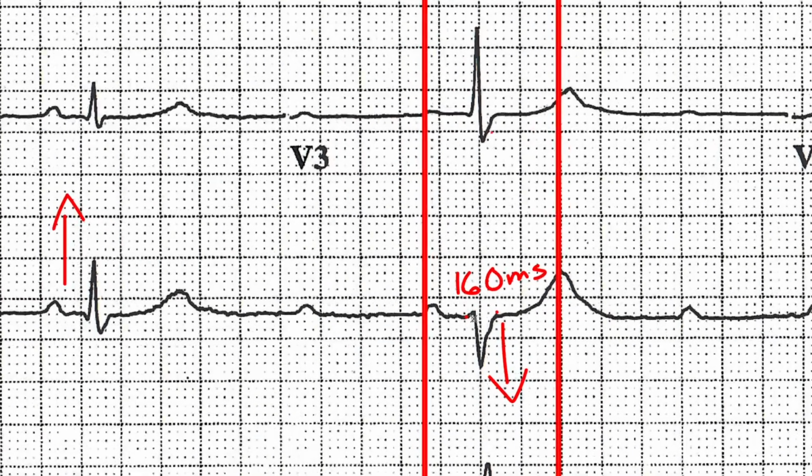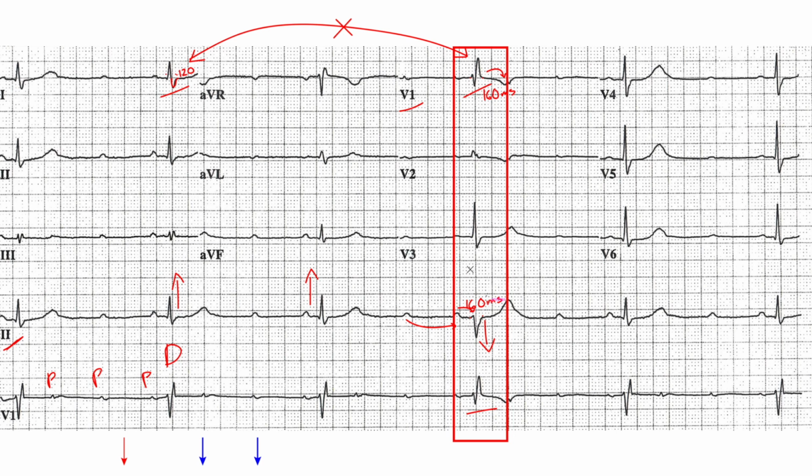But the PR elongation here happened because this signal before it has already depolarized this tissue, and here it was having a hard time getting through. I don't want to get into that now, but nonetheless, I just want you to understand what happened here.